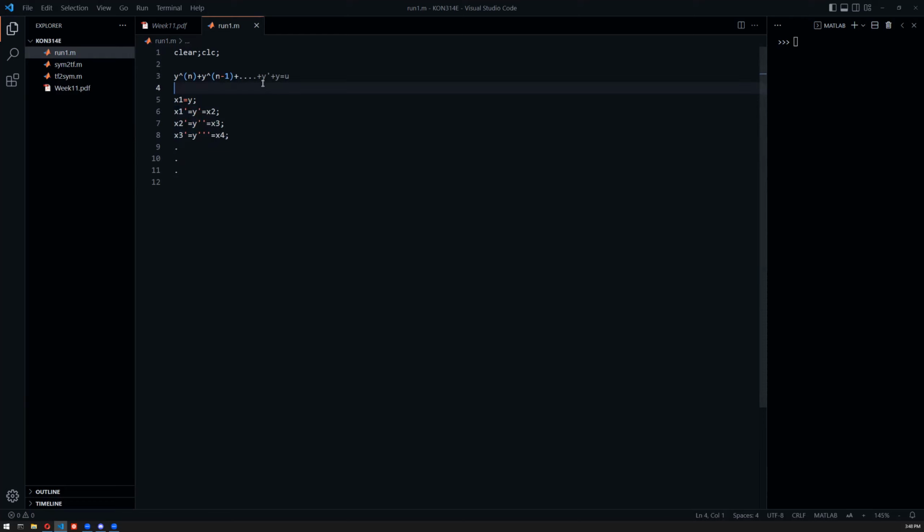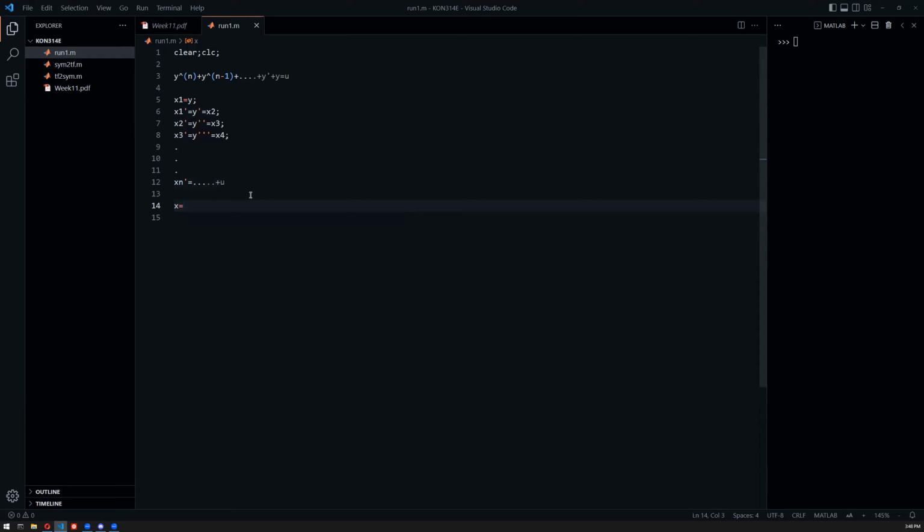So that's basically the whole point of using this state space model here. Once we've done that, we end up with xn derivative is something plus u, because this is the only equation with this notation where we have u, because everything else is just a redefinition of the derivatives of our single y variable here. So therefore, we generalize this notation.